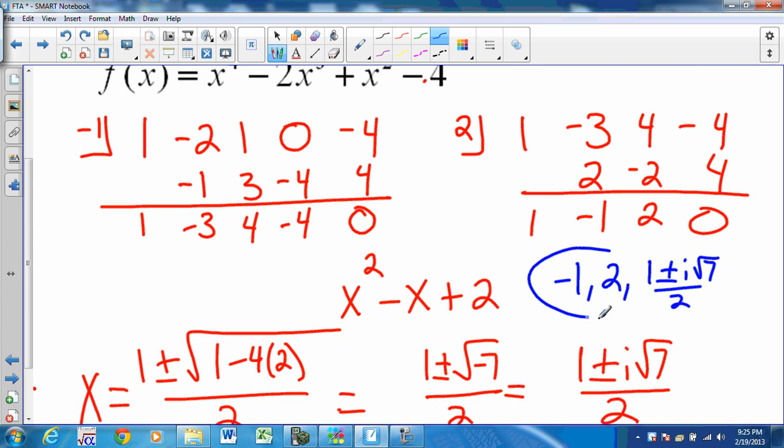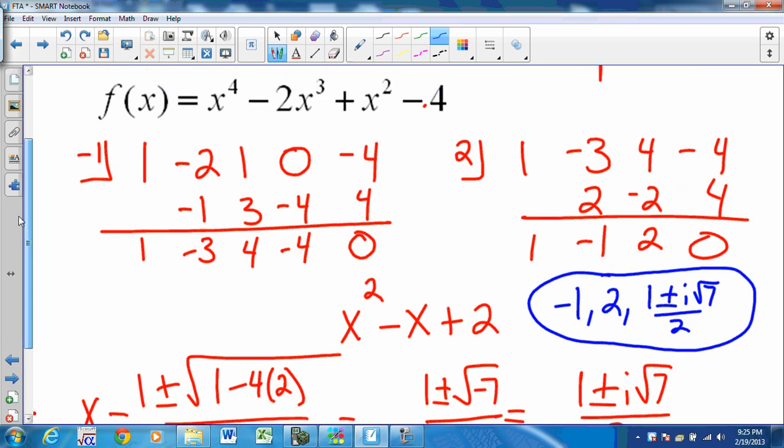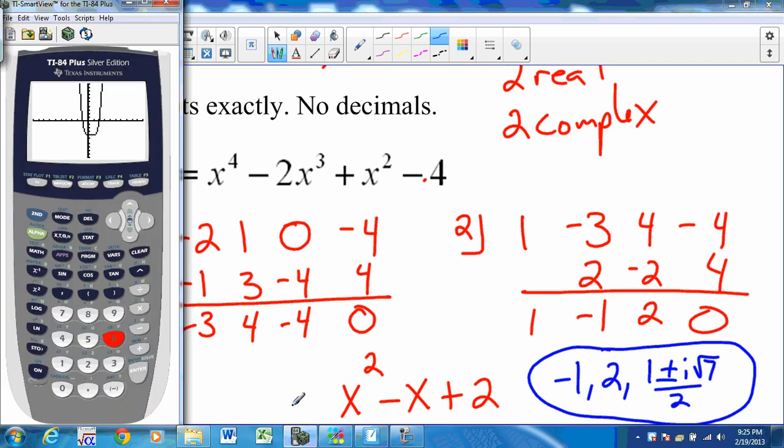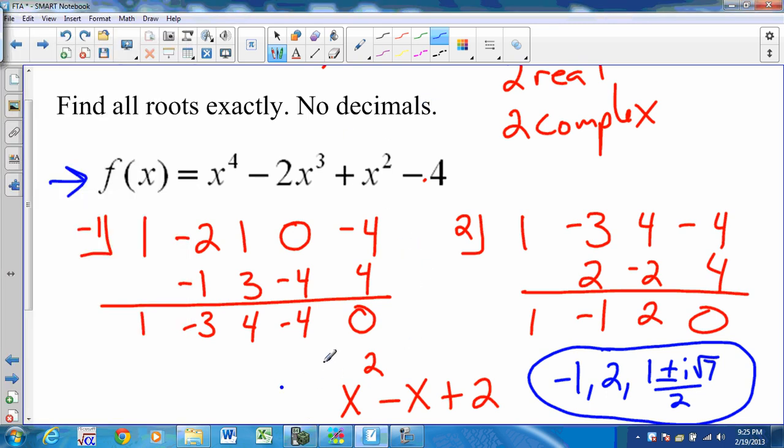So all these problems are going to involve this. You're going to be given a function, cubic, quartic. You're going to have to look at the graph and determine what are the integers, what are the whole number, negative number solutions that I can then do synthetic division with. And I always want to get down to a quadratic.